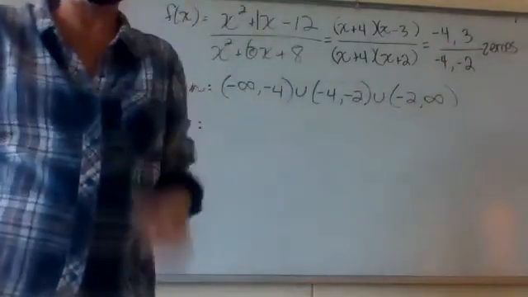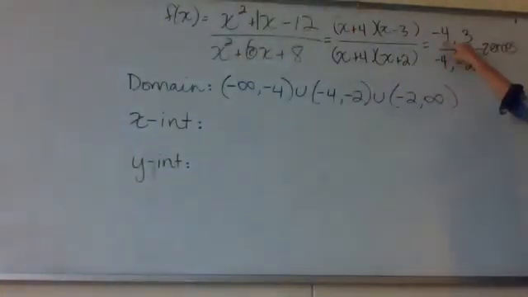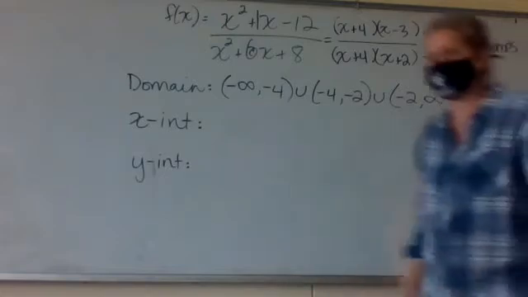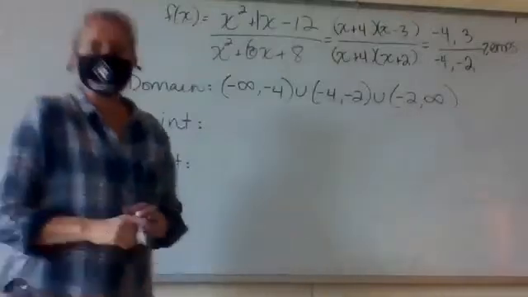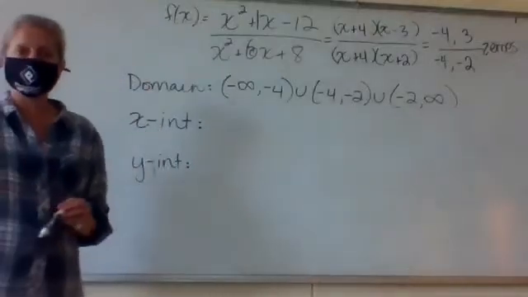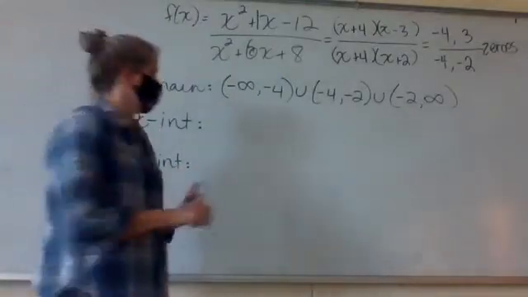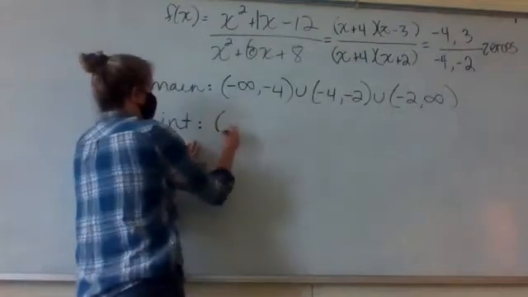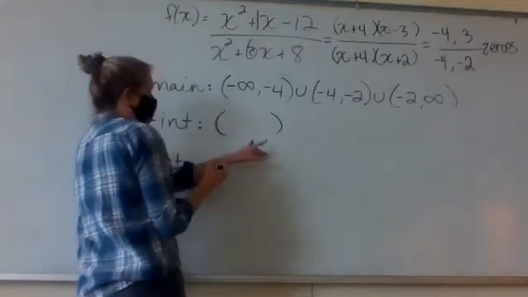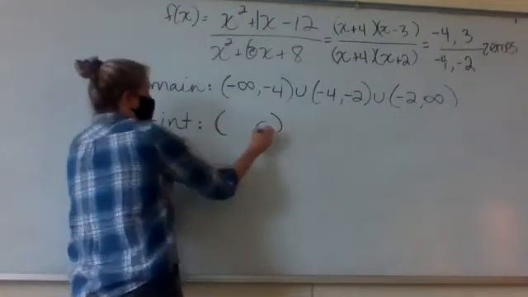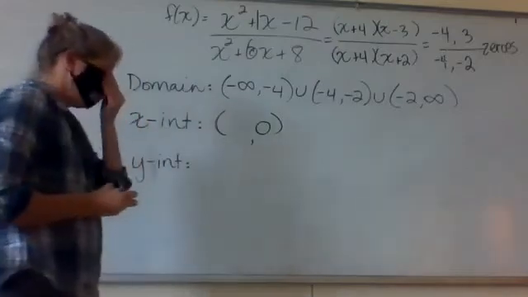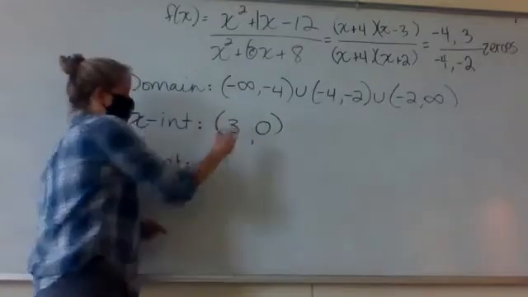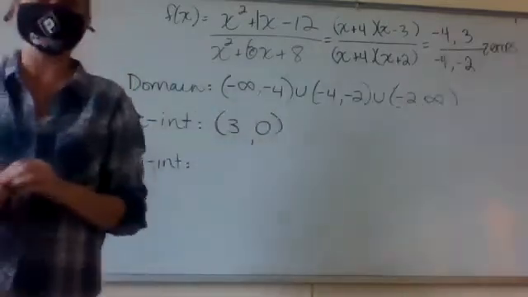So which one of those numbers is not an X-intercept? -4 is not an X-intercept because it's a 0 in the top and the bottom. So only 3 is an X-intercept. Now, remember, when you are typing out your X-intercepts, they're ordered pairs, right? Ordered pairs that make X-intercepts are because the Y is 0. And what's my X-intercept? 3. So it's going to cross the X-axis at 3.